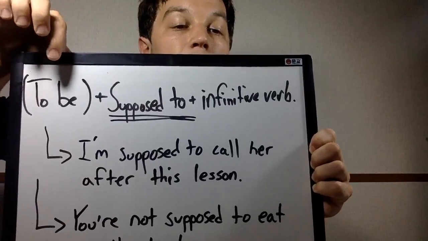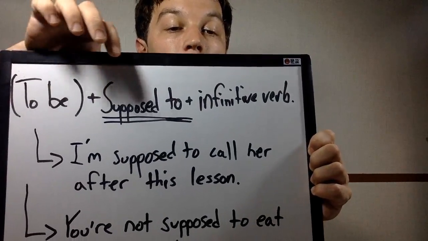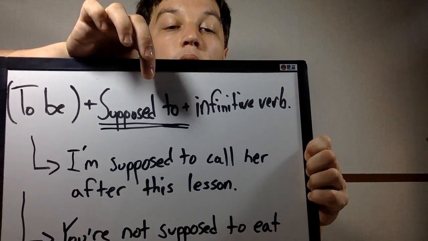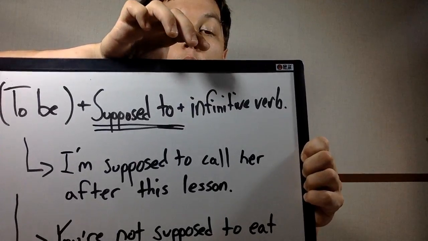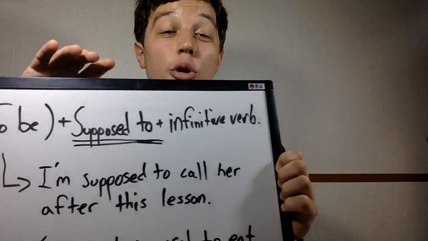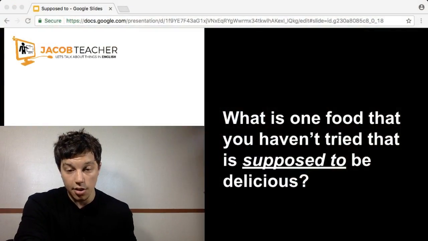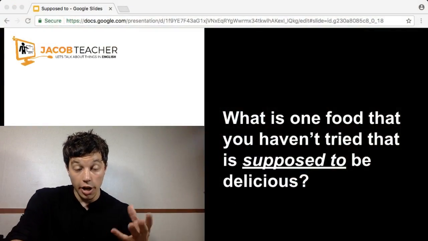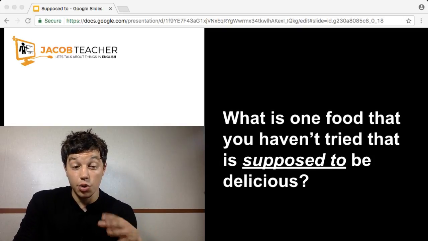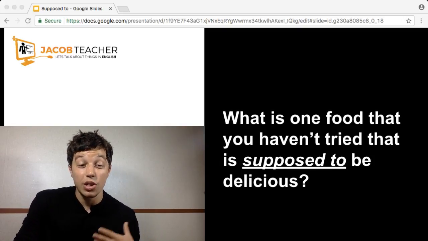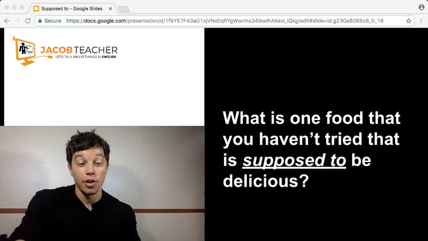So some form of the verb to be plus supposed to, and then the infinitive verb, which is just the base form of the verb without to in front of it. So when you're forming these sentences, keep it in that formula. To correct your sentence, you could say, I was supposed to be here earlier.